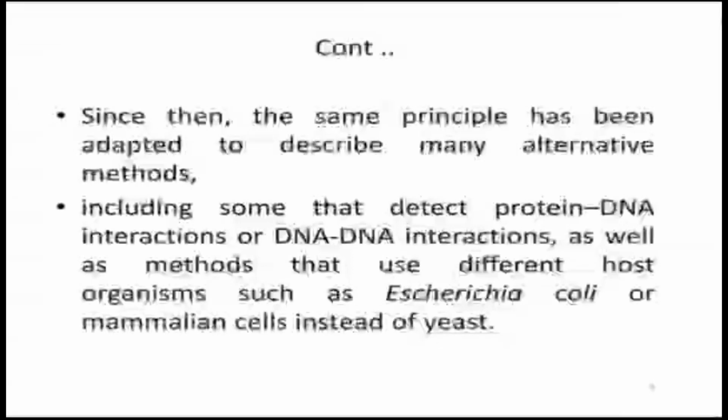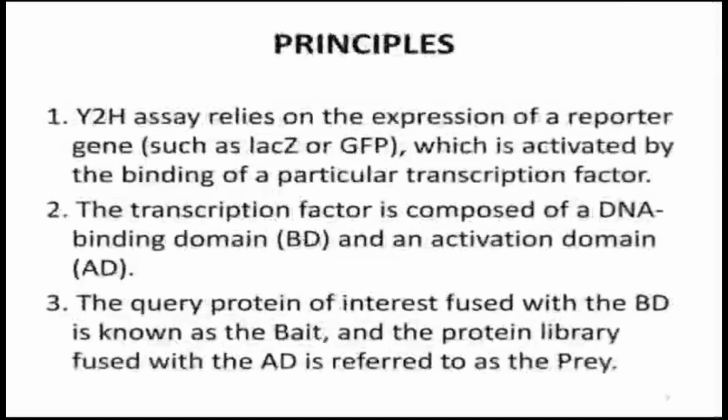This Gal4 protein activated transcription of a gene involved in galactose utilization, which formed the basis of selection. There are also many alternative methods which can use different host organisms instead of yeast, such as E. coli or mammalian cells.